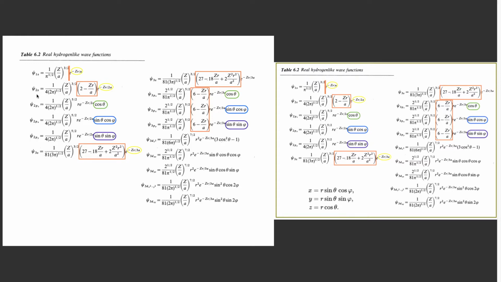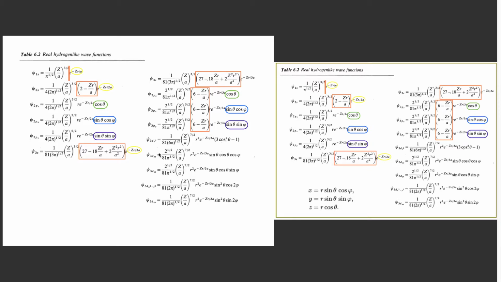There is an s orbital and a p orbital for the n equals 2 shell, because the value of the azimuthal quantum number l can be 0, the 2s, or 1, the 2p. And then the magnetic quantum number m sub l can vary from minus l to plus l through 0. So for l equals 1, it can be minus 1, 0, or plus 1, 3 different p orbitals. And for l equals 2, the d orbitals, it has 5 values: minus 2, minus 1, 0, plus 1, plus 2.